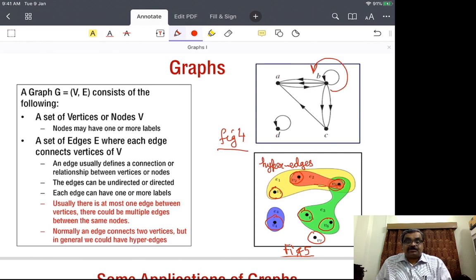Typically, in most problems that we see and encounter in practice, we model them as binary edges, but there are a large number of problems where we will model graphs in terms of hyperedges.